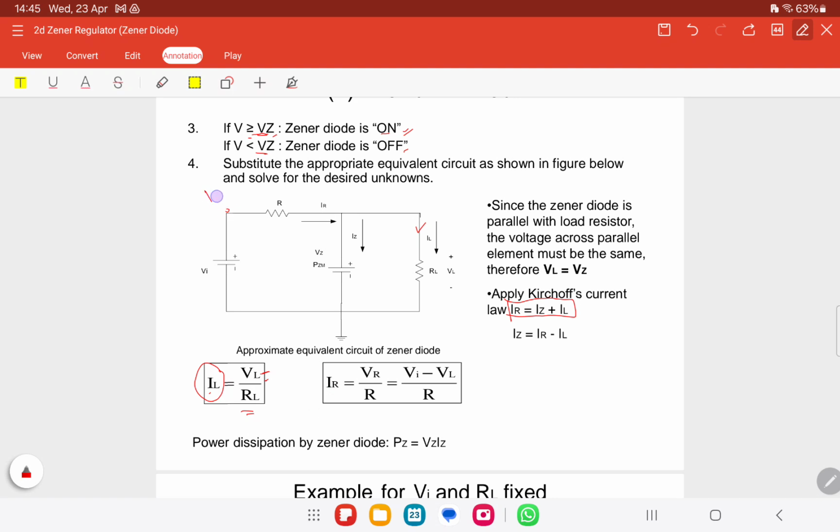IR here is VI, here is V. Let's say kalau here is VL, sini pun VL kan? Sebab the same point, same node.